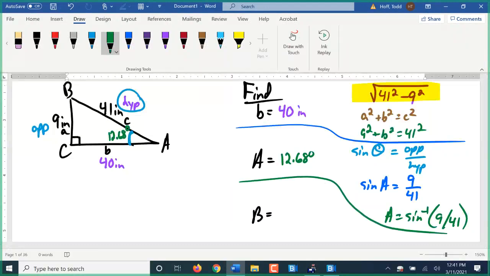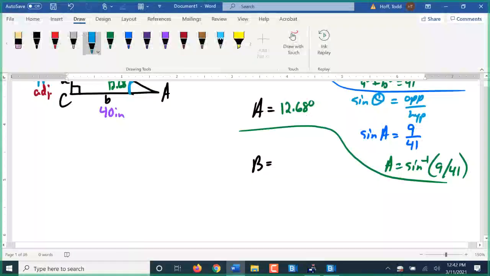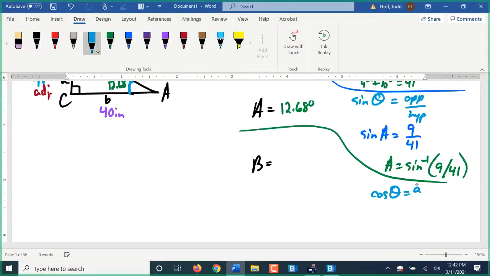Find angle B, using this here. Of course, the 41 is still the hypotenuse. That doesn't change. But the 9 is now the adjacent side, if we're looking at angle B. For adjacent and hypotenuse, the trig function is the cosine. Cosine of an angle is the adjacent side over the hypotenuse.